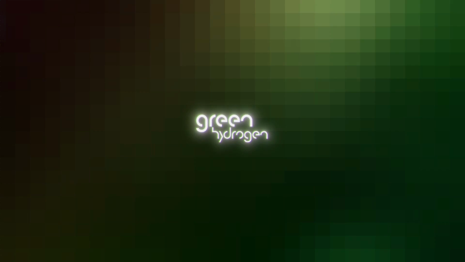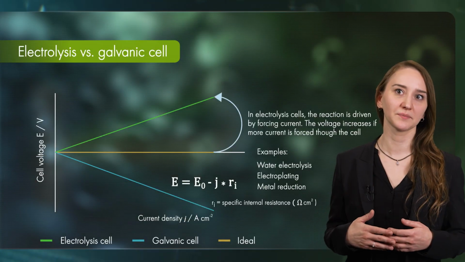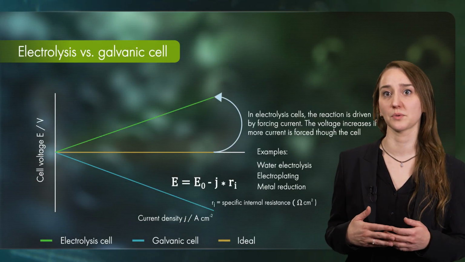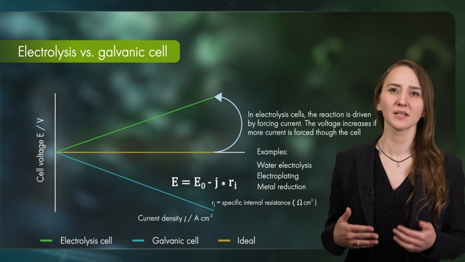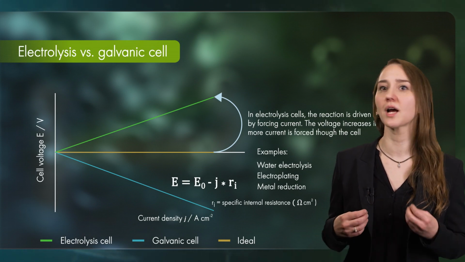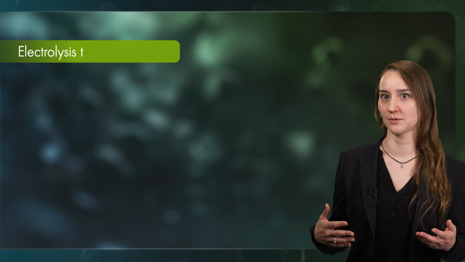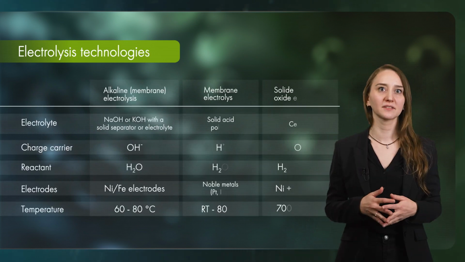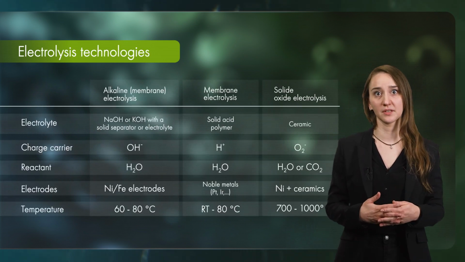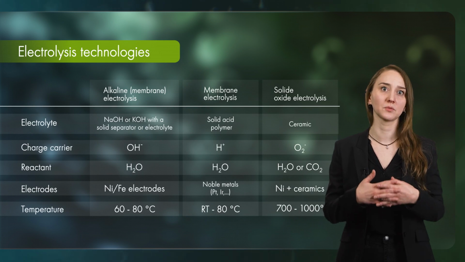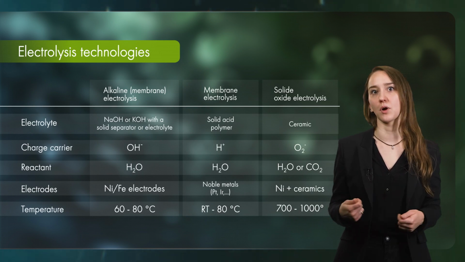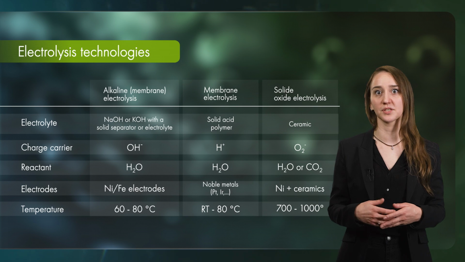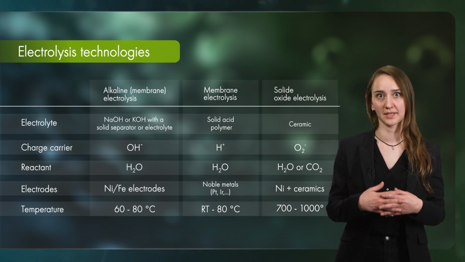It is worth noting that other electrochemical processes like electroplating or the electrochemical metal reduction follow the same principles. Now, I already mentioned that the cell depicted before was representing an acidic environment. So I hope you already ask yourself, what other environments are there for water electrolysis? As a matter of fact, there are multiple different technologies. So here we will focus on the 3 most prominent ones. This is for one, the alkaline electrolysis, which is historically the most explored type.